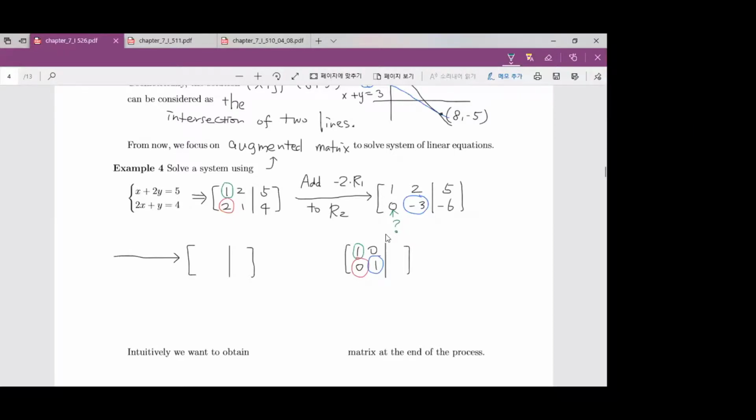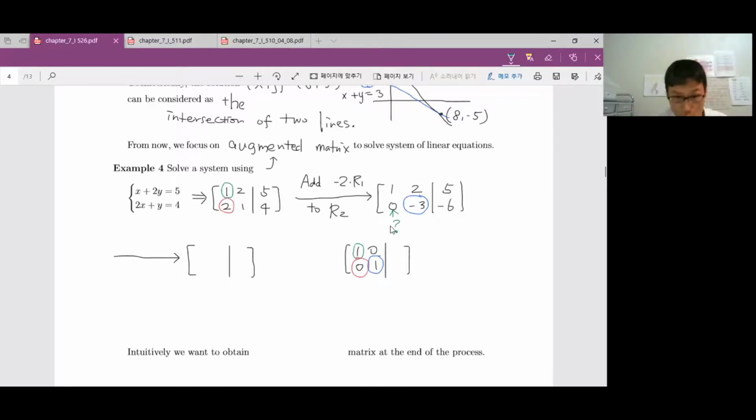Multiply by -1/3 for row 2. Very good. So you want to turn this guy into 1, keeping this 0. So you can multiply -1/3 to row 2.